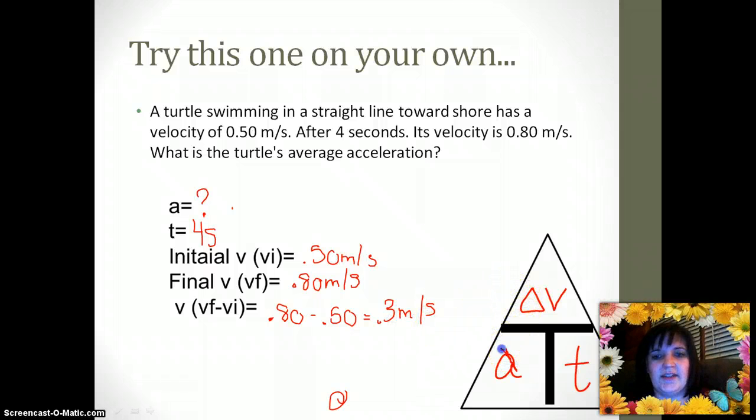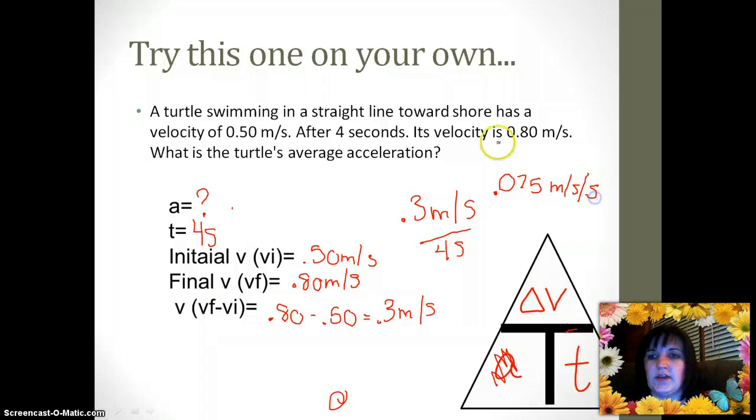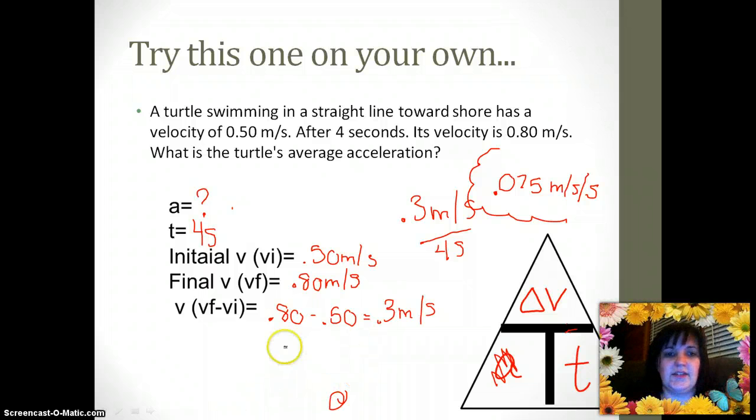And I want to find acceleration, so I'm going to divide these two. 0.3 meters per second divided by 4 seconds gives me an answer of 0.075 meters per second squared as my turtle's acceleration. The turtle is speeding up, so he has a positive acceleration.